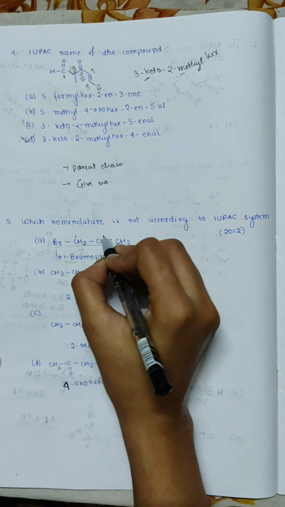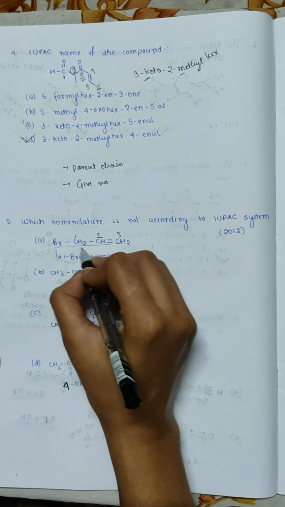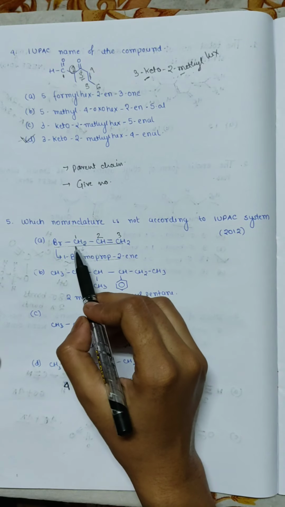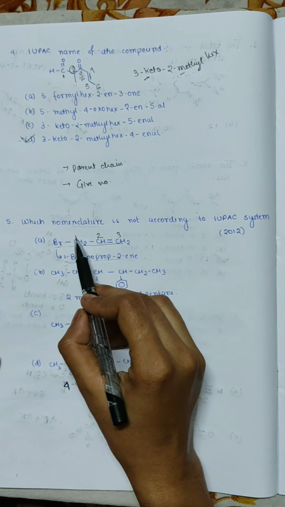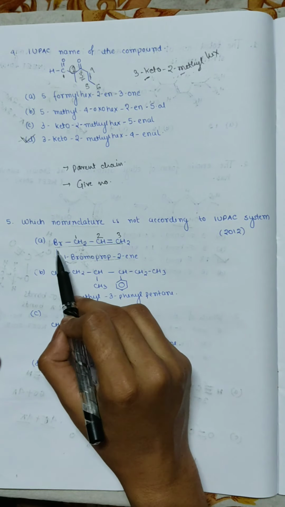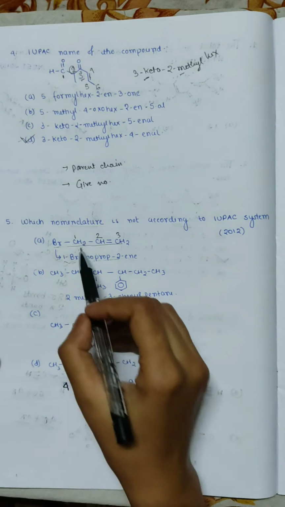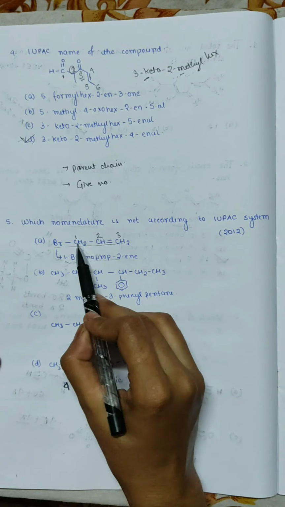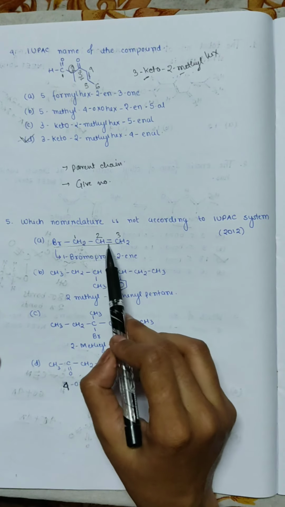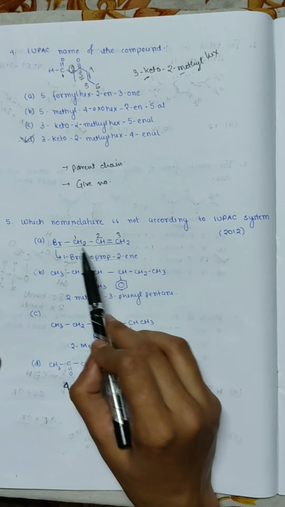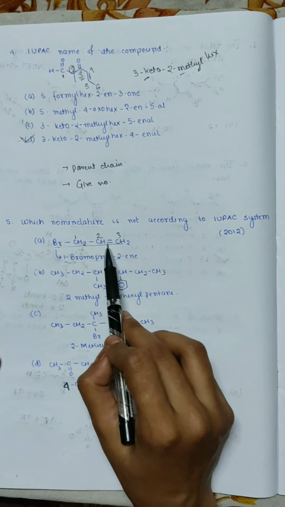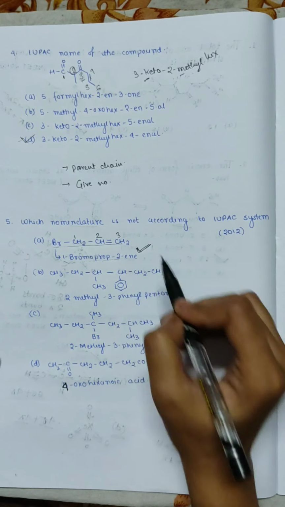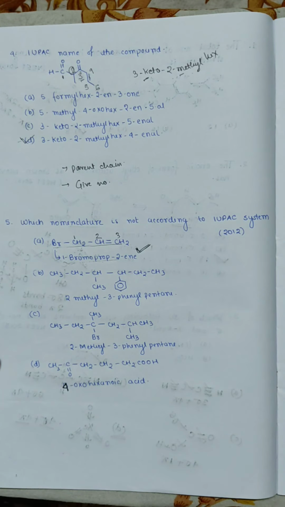So 1, 2, 3, this chain will be the parent chain, and I have assigned this carbon as carbon number 1 because it is attached to a bromine. So the IUPAC name will be 1-bromoprop-2-ene, because there are 3 carbons. I think this is the correct IUPAC name of this structure.